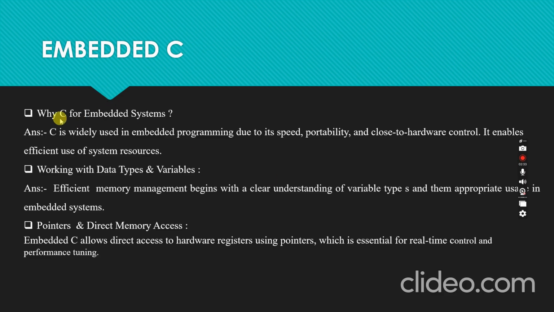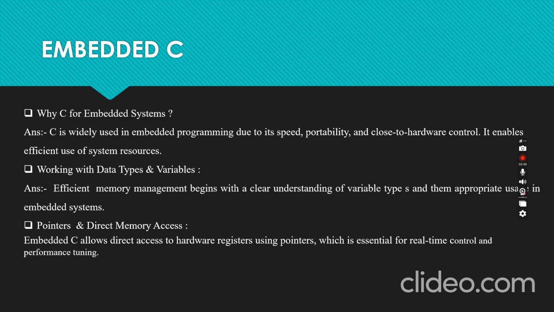This is the embedded system. Why C for embedded systems? Why do we use C for embedded systems? C is widely used in embedded programming due to its speed, portability, and close hardware control. It makes efficient use of system resources.